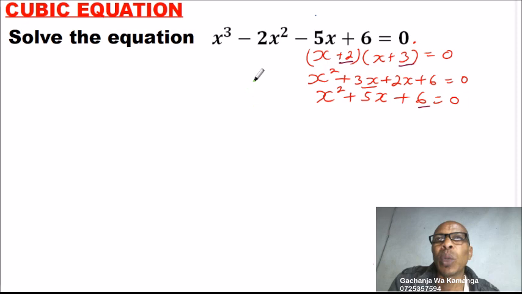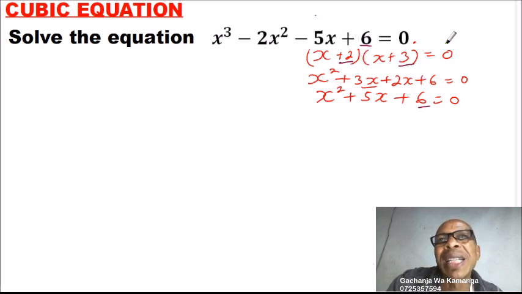Just the same with the cubic equation, when you multiply the numbers forming the factors, you should get the constant. That is, the numbers forming the factors of this cubic function should multiply to 6.